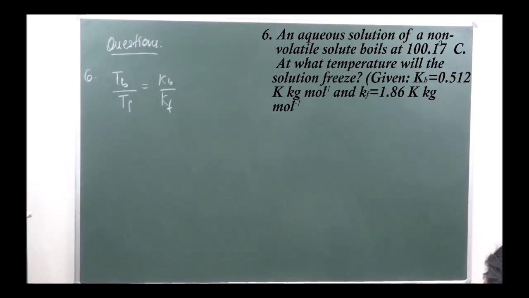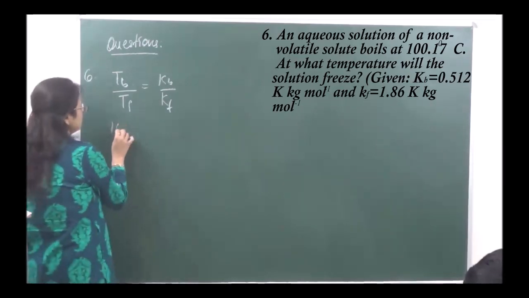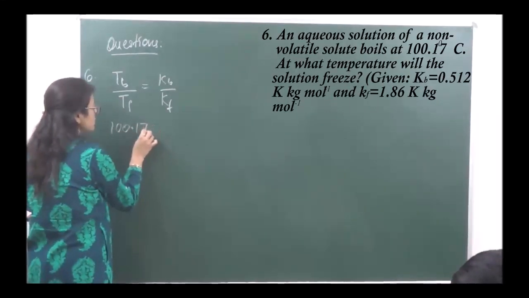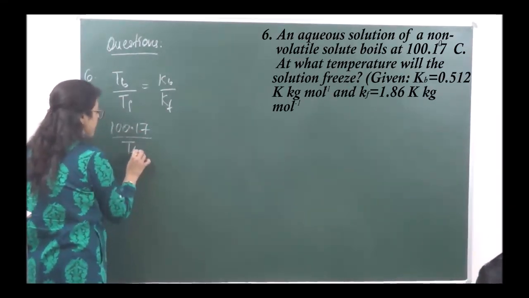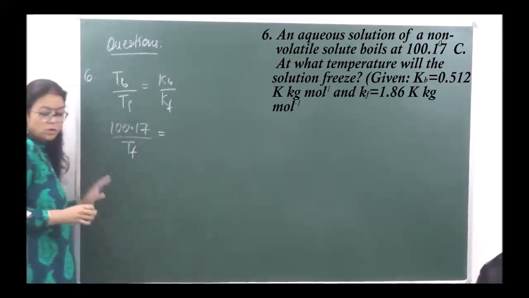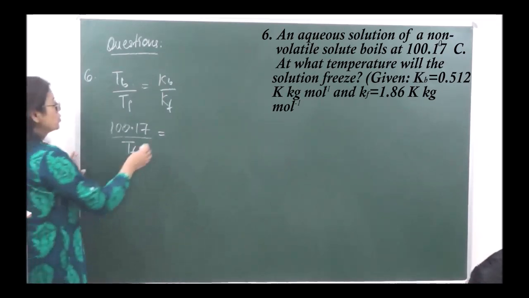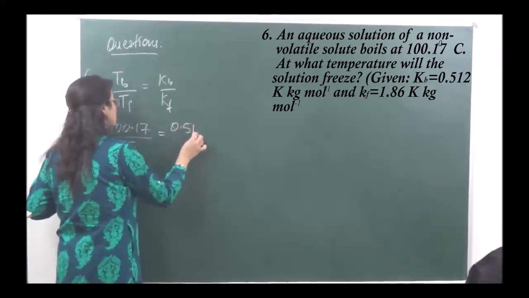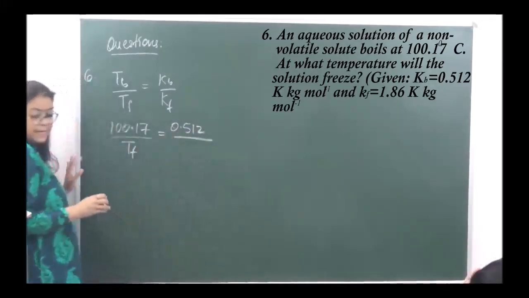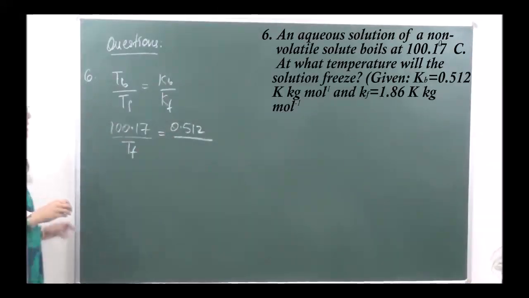Delta Tb given to us is 0.17, upon delta Tf, is equal to Kb, which is 0.512, upon Kf, which is 1.86.